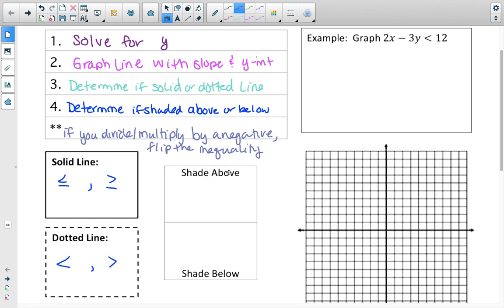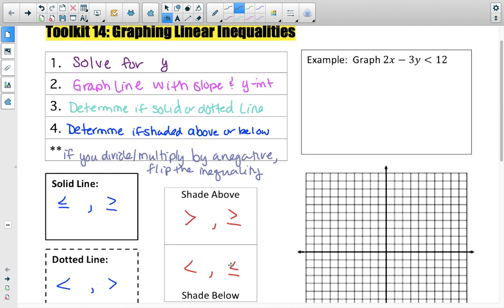We will shade above the line if you have y is greater than or y is greater than or equal to, because we want the values that are above the line. We'll shade below the line if it has y is less than or y is less than or equal to, because we want the values that are below the line or less than the line.